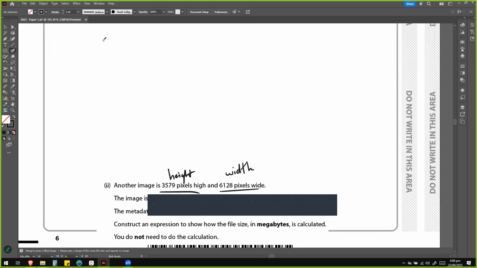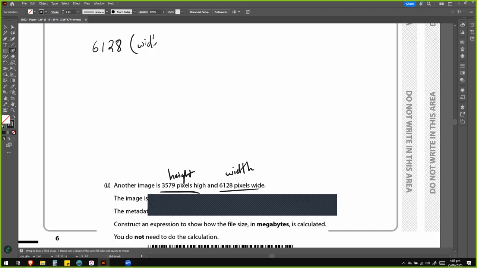So I'll do width first. I'll say 6,128 pixels width.